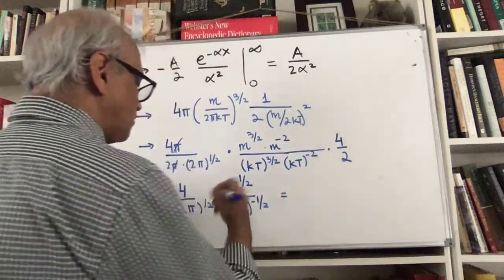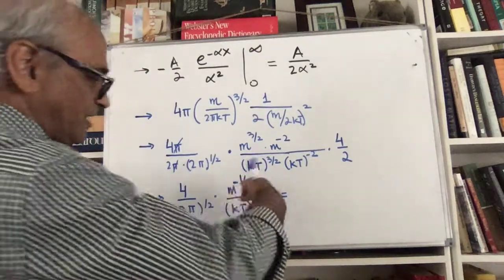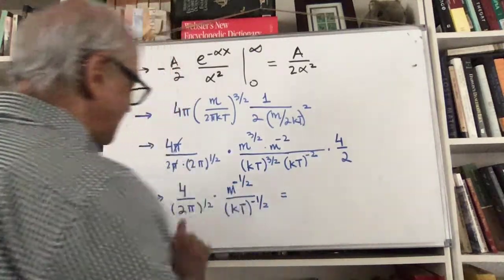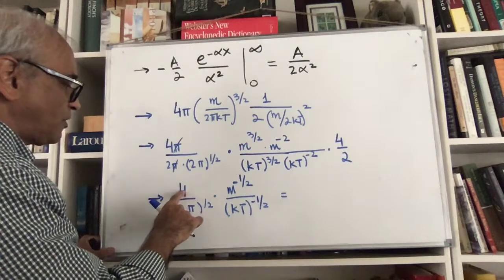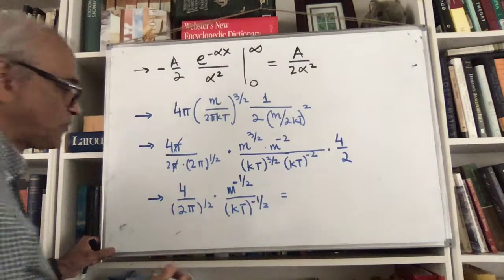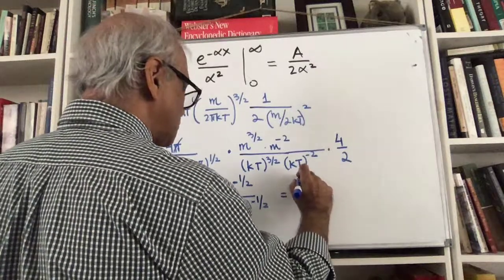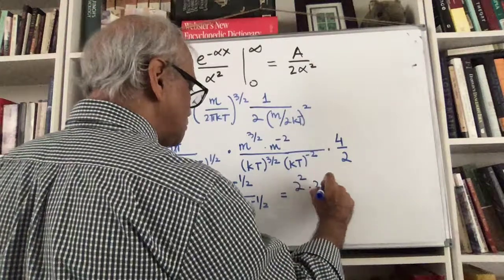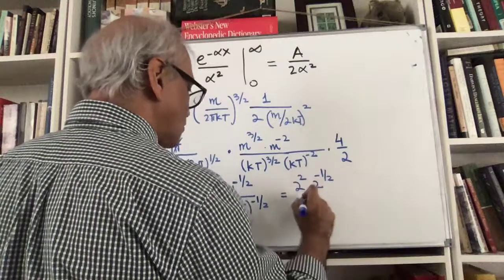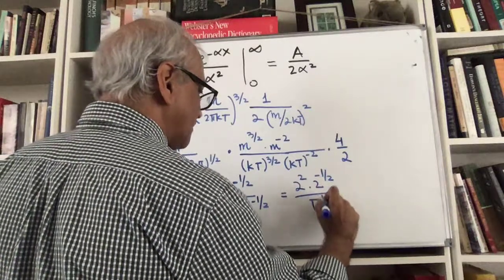So this thing will go upstairs, they actually will flip. So what about 4? Well, 4 is 2 square, so I can write 2 square times 2 to the minus half over pi to the half.